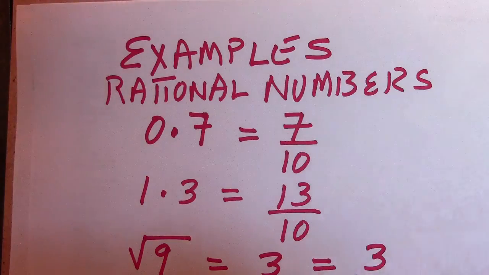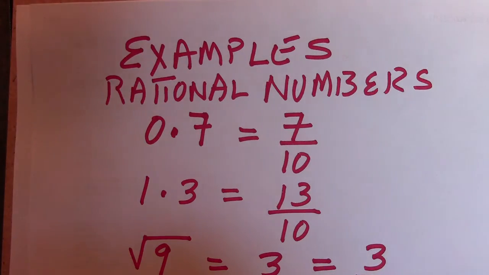The fact that there are rational numbers implies that there must be irrational numbers, and in fact there are. An irrational number by definition cannot be expressed as a fraction of two integers.